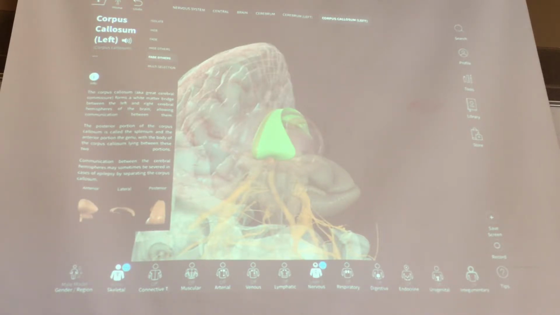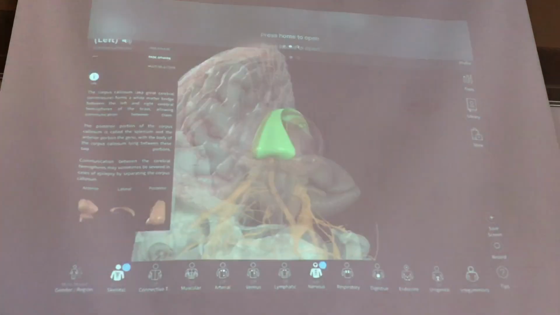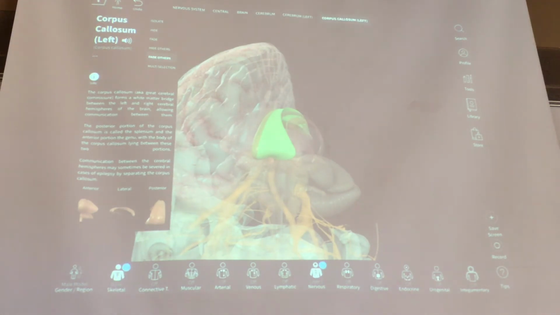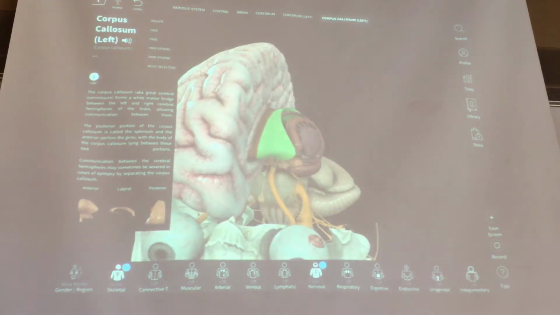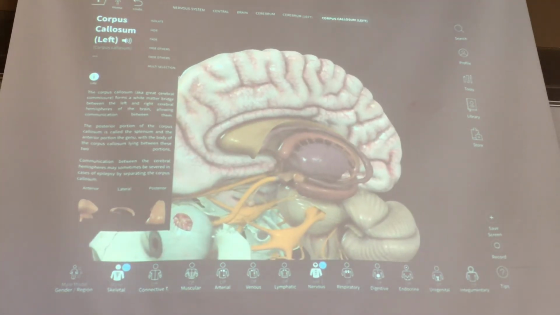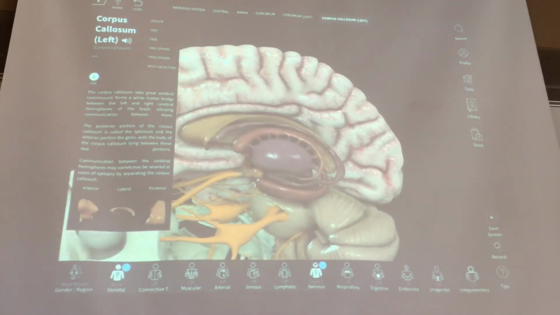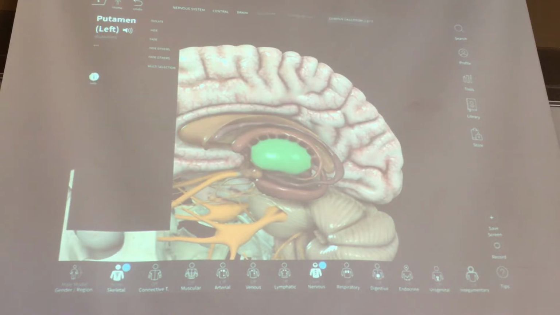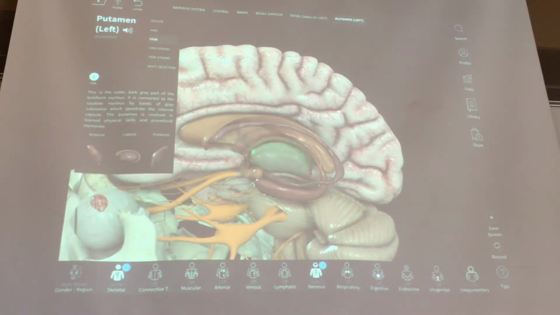So the two key structures of the limbic system are the hippocampus and the amygdala. Let me see if I can dig those out of the brain right here. Let's go back. So I'm going to remove this little piece right here. Oops, not fade, I want to hide it.